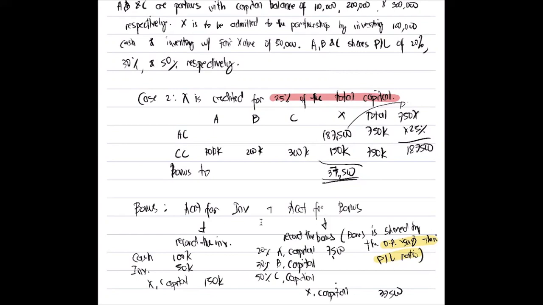Get the 30% for B, we have 11,250. And then we have 37,500. Get the 50% from C, 18,750. So here, there is a bonus to the new partner. So this is treated as a bonus to new partner.